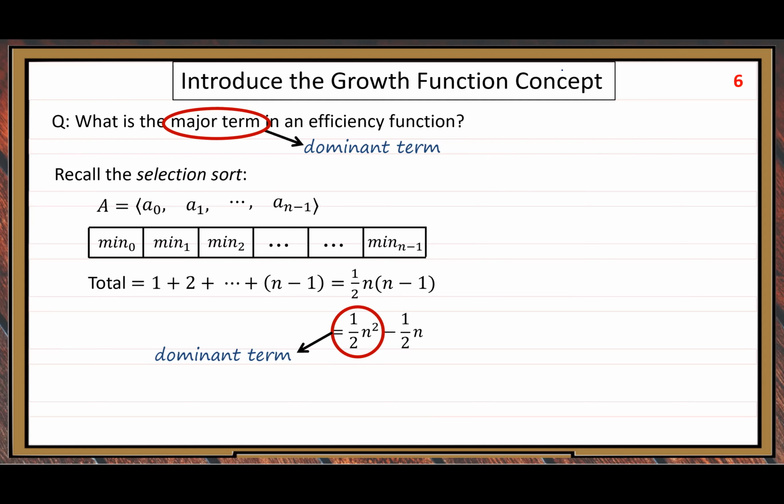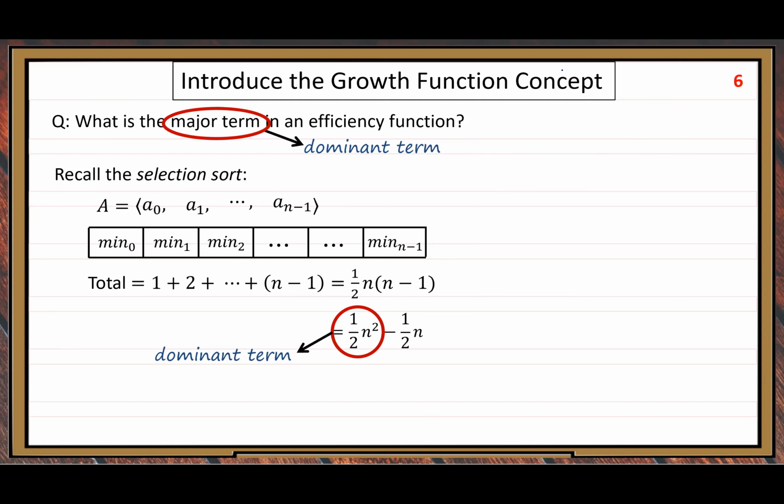Then we move from the dominant term to the growth function. There is another step: we try to simplify it. Here there is a 1/2 constant. In our dominant term, we cannot ignore that 1/2 constant. But when we move to the growth function, we don't need that constant. We can simplify further. Remember in the previous slide, that little c constant cancelled out.